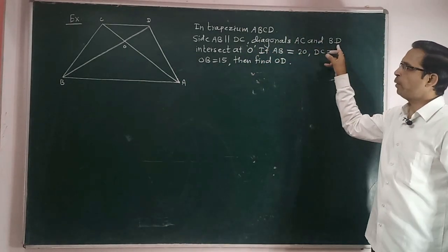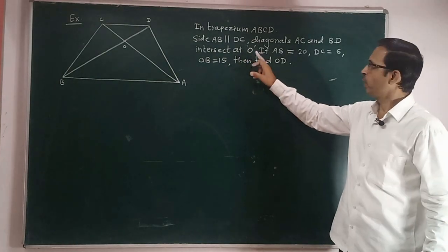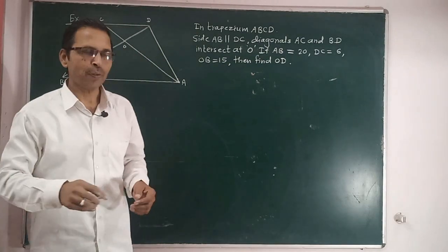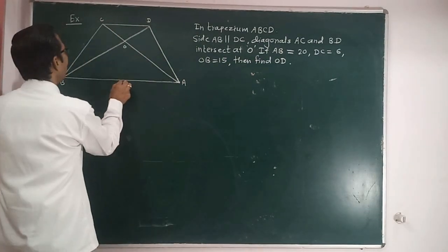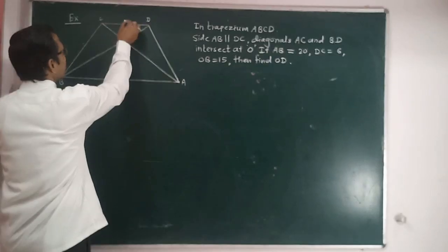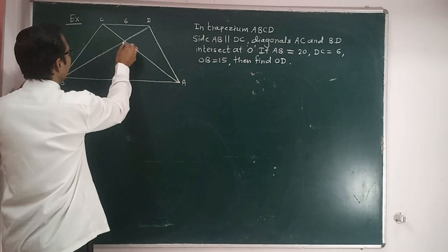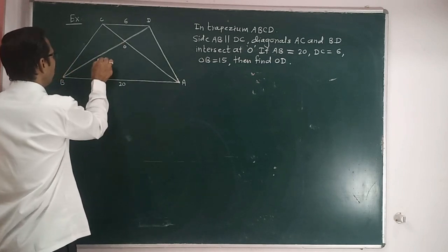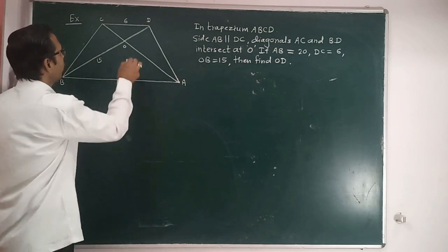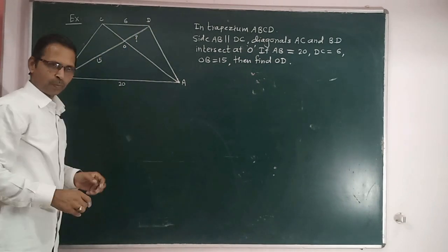Diagonals AC and BD intersect at point O. The lengths of some sides are given: AB is equal to 20, DC is equal to 6, OB is equal to 15, see here, and we have to find OD.